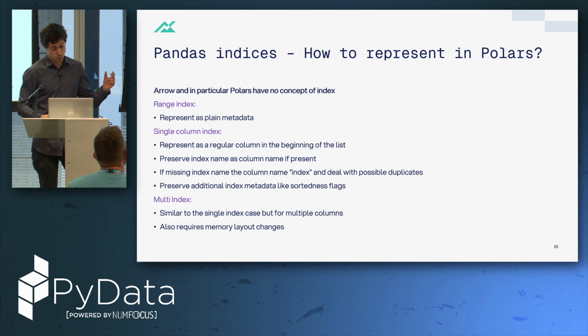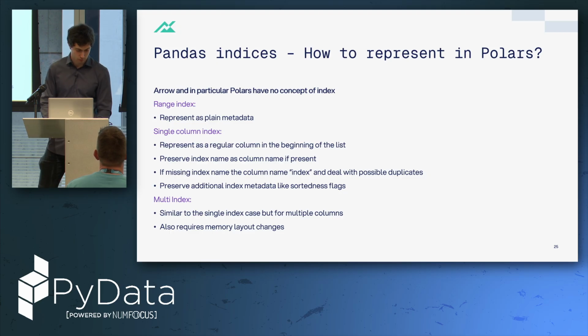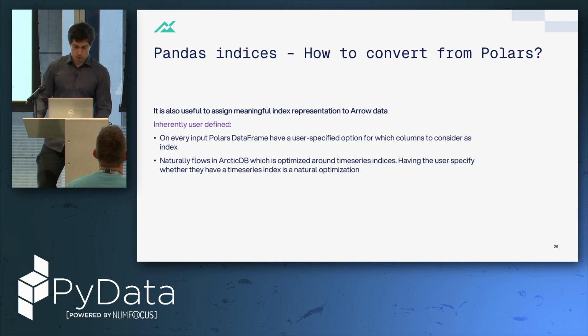For multi-index, we just attach the multiple columns at the front of the polars data frame. But it's worth noting that this actually requires some memory layout changes, so it's not exactly the same data structure, but it's the Arrow equivalent of that. It just stores them as regular columns in polars.